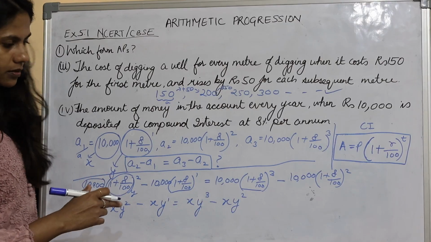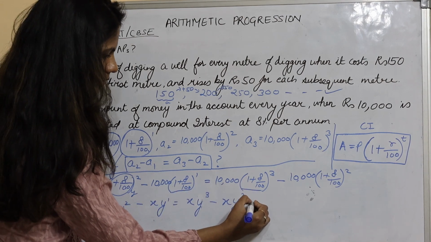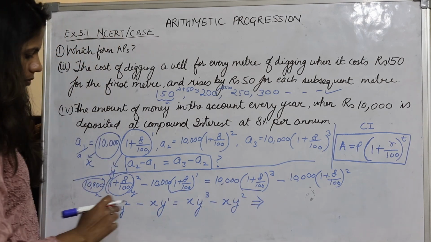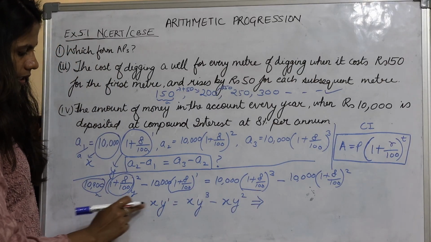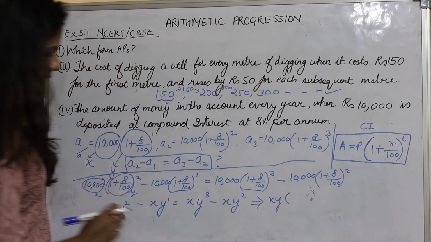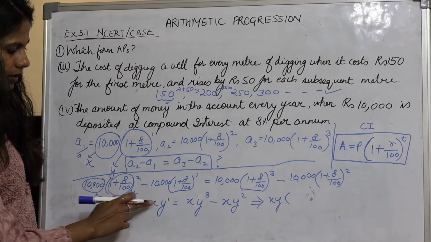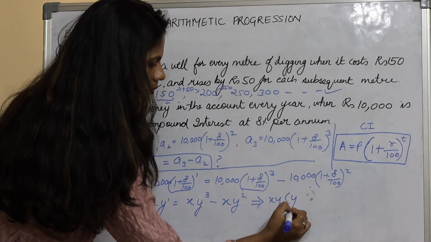Now we'll try to take something common. Next step: here we can take common X and Y both. So XY, what we'll have? One Y here and nothing here, so Y minus 1.